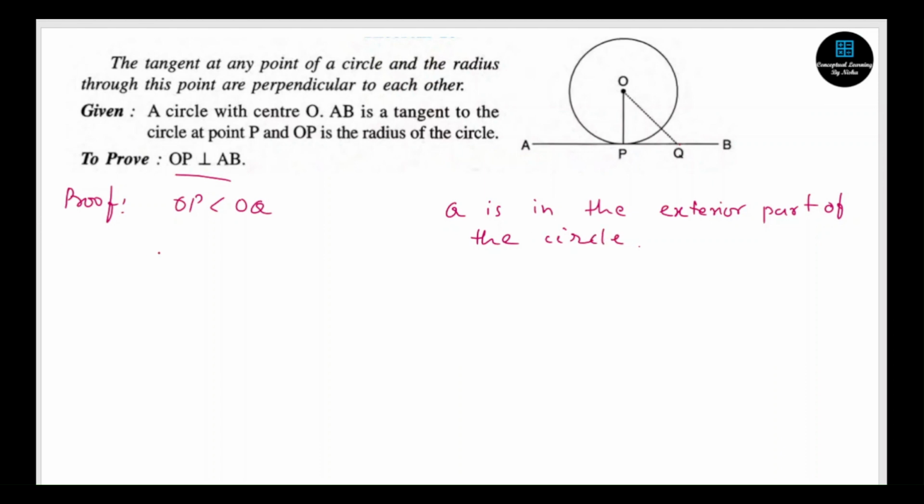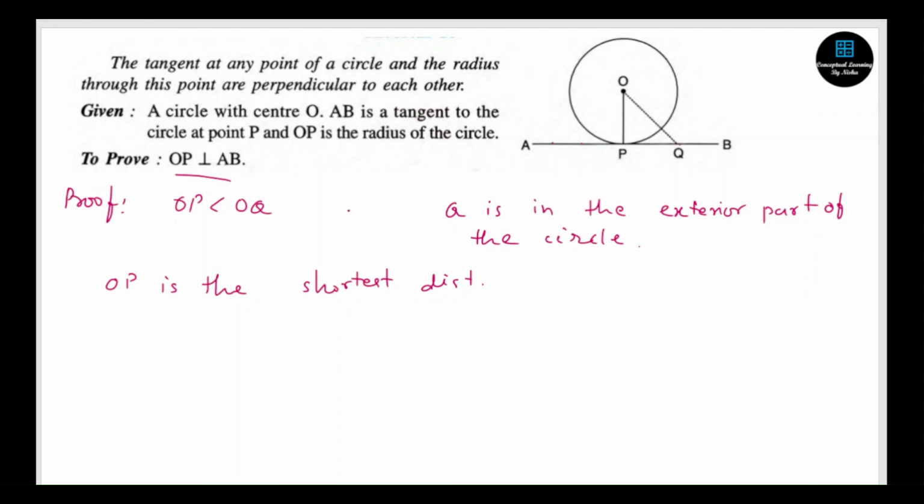Now I can prove that any other point which is here on the tangent is exterior to the circle. There is no other point which is interior, and I cannot make the tangent that way. All right, so OP is the shortest distance, and we know that the shortest distance is always perpendicular.